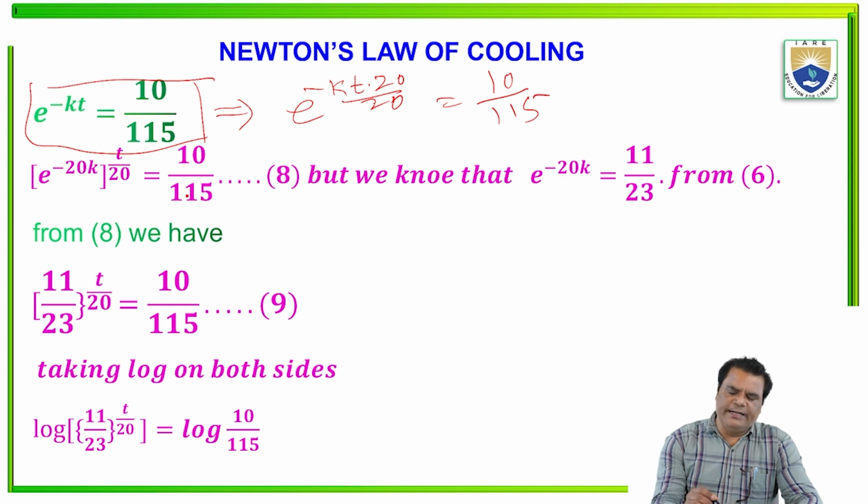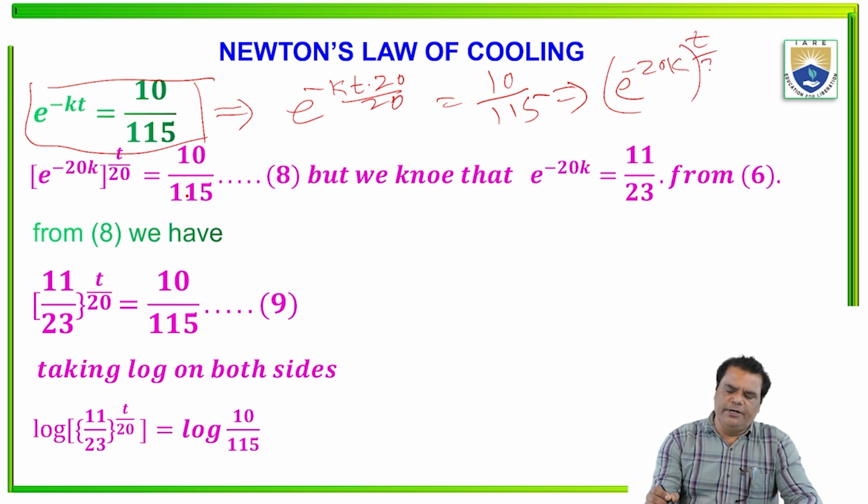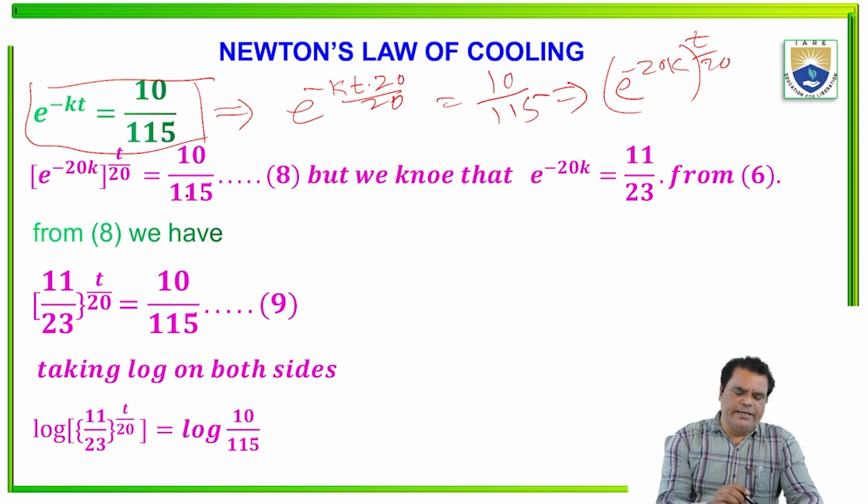So now we can write this as e to the power minus 20k whole to the power t upon 20. This is e to the power minus kt only, the 20 cancels. So here we can write this. This result is applied in our question.